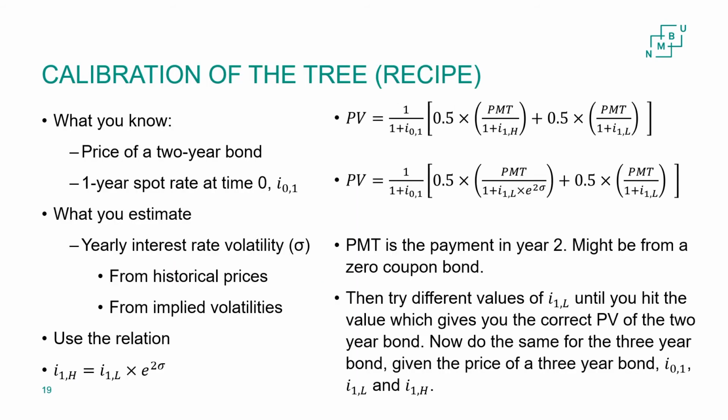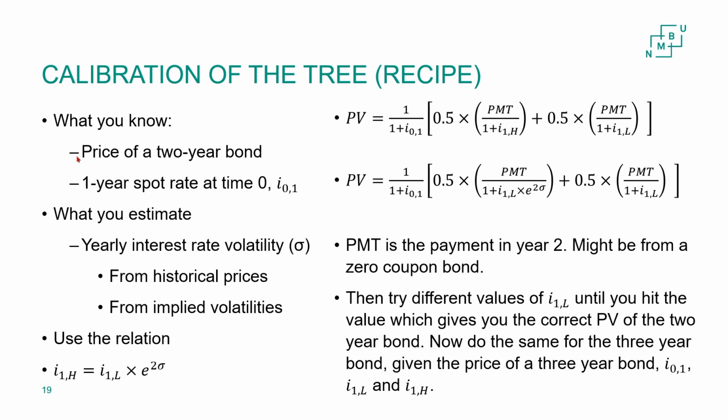But we can go through the recipe here. So here is what you know, okay? You know the price of a 2-year bond, let's say. This interest rate tree is just like a 2-year tree, okay? So the interest rate can go up or it can go down.